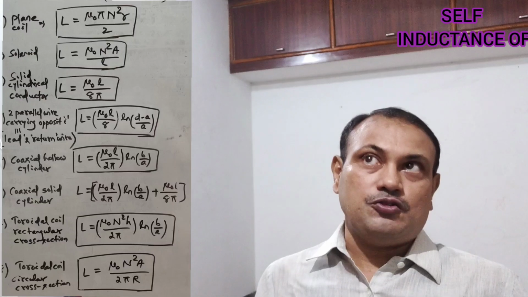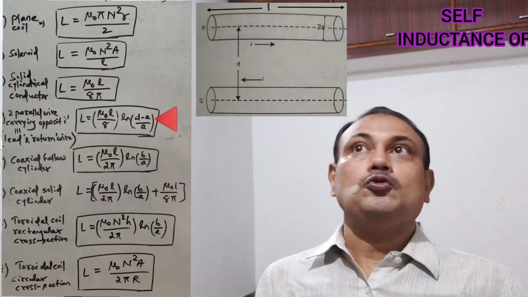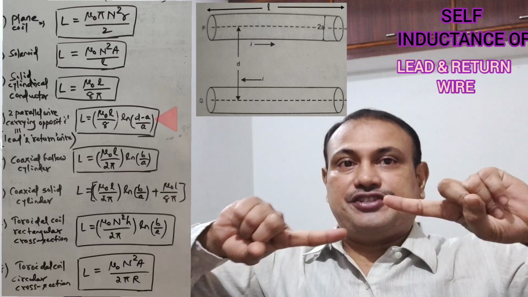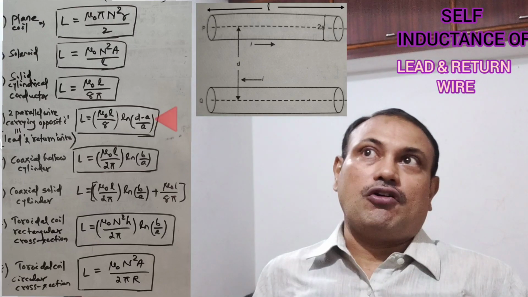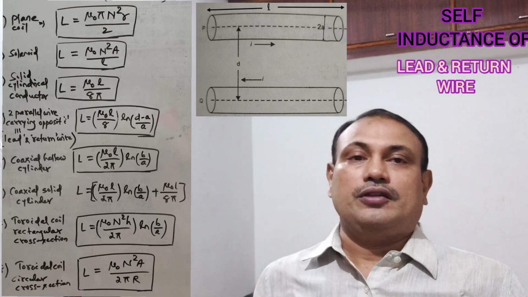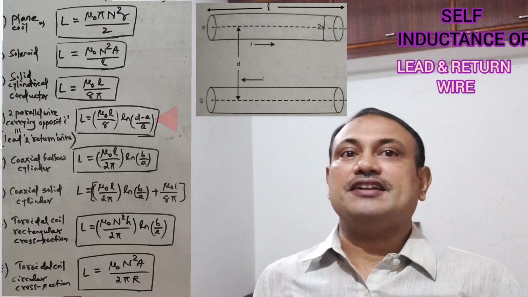And again, consider the self-inductance of two parallel wires carrying current in opposite directions, which is also known as lead and return wire, because current in one is leading and in the other it is returning.